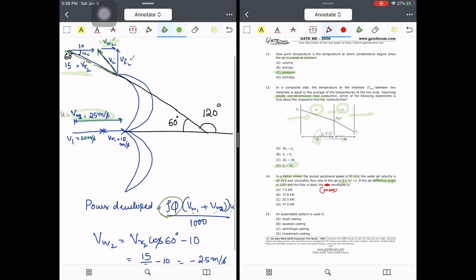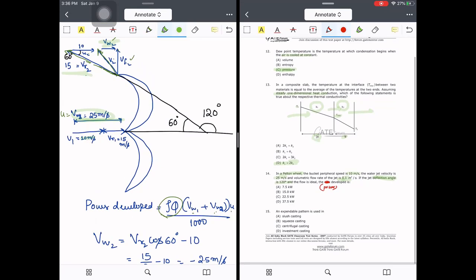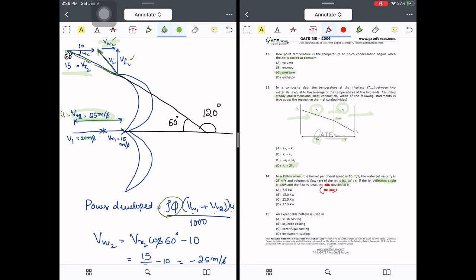Vw2 I can calculate, but how do we get vr2? Okay, I think they have given the velocity of the jet, that is 25 meter per second, and the bucket speed is 10 meter per second. vw1, that is the whirl velocity, is the same as that of the jet, that is 25. Now we can calculate vr1 also, the relative velocity of the jet with respect to the bucket.